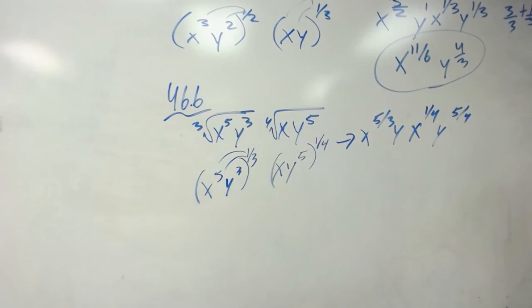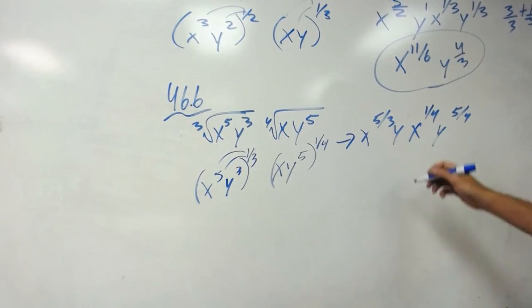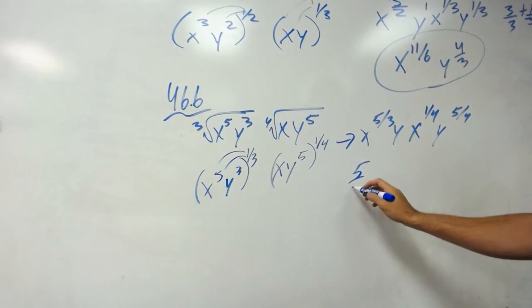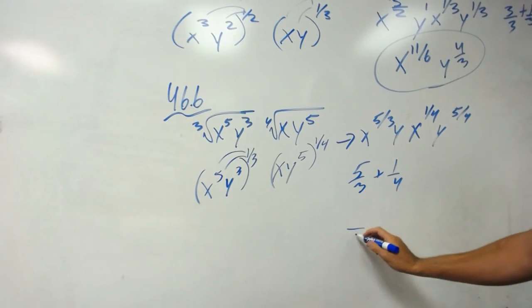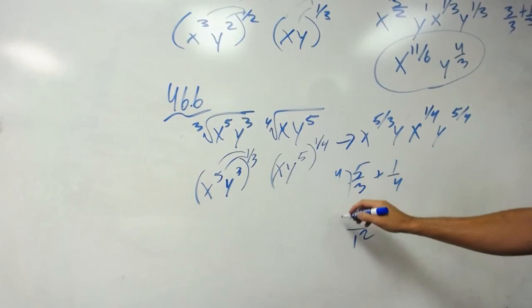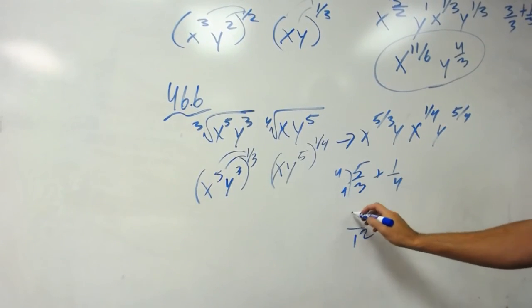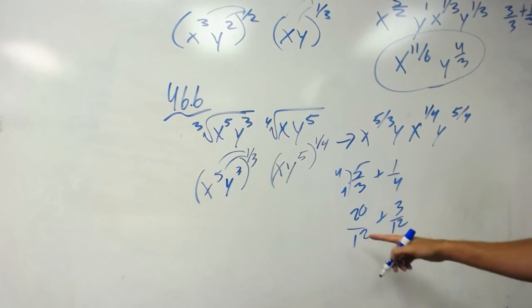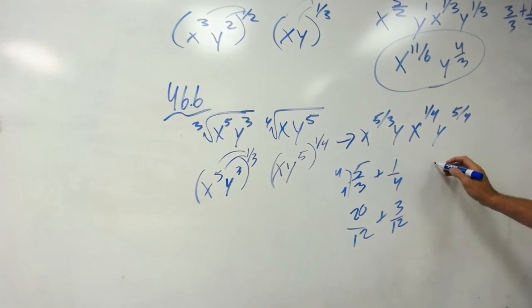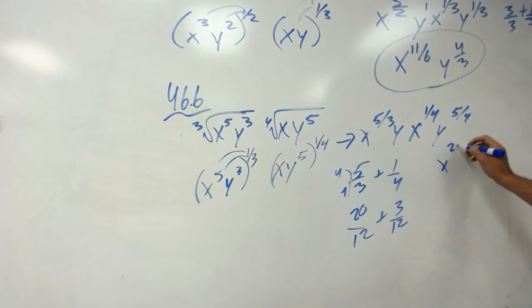And so now we add 5/3 and 1/4. I'm just going to do this really fast. 5/3, 1/4. So to get the denominator of 12, multiply by 4. So that'd be 20 over 12 plus 3 over 12 to get x to the 23 over 12.